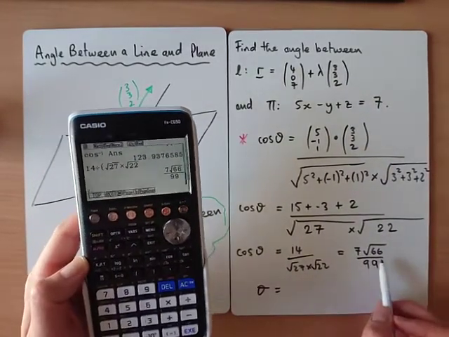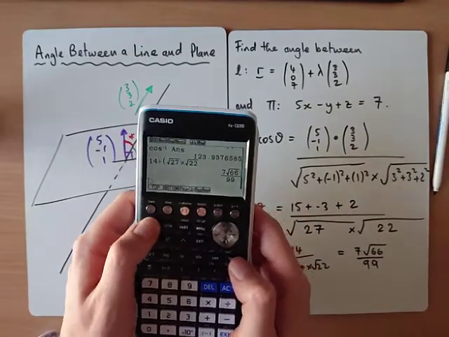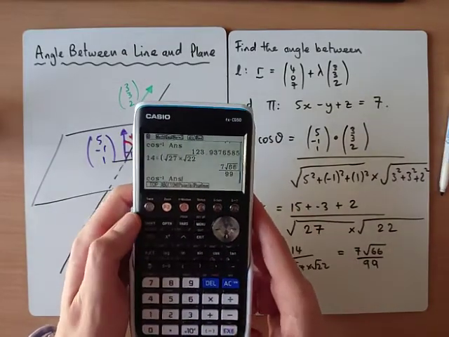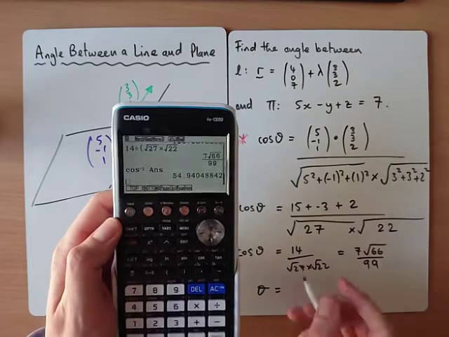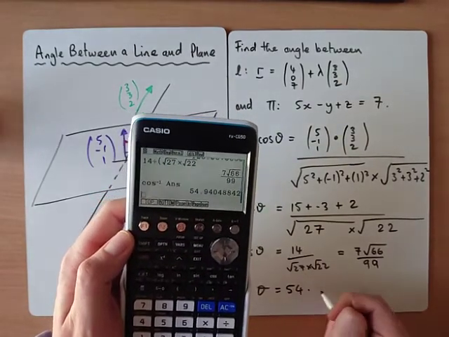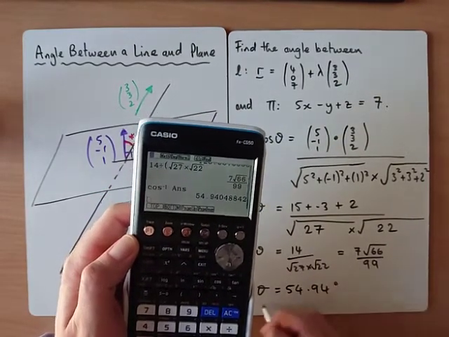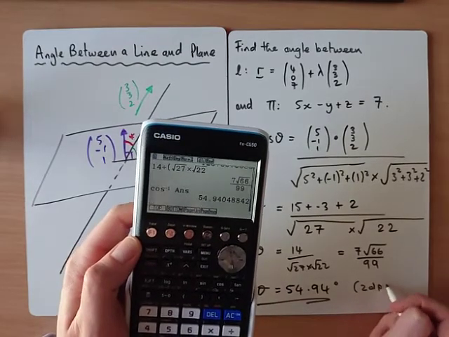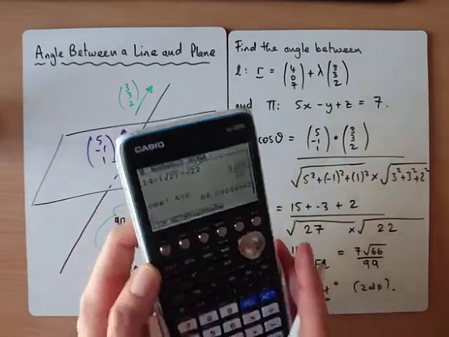If you don't want the angle, you could stop at that point. But if you want the angle itself, so cos inverse, I'm getting 54.94 degrees. So 2 decimal places. Okay.